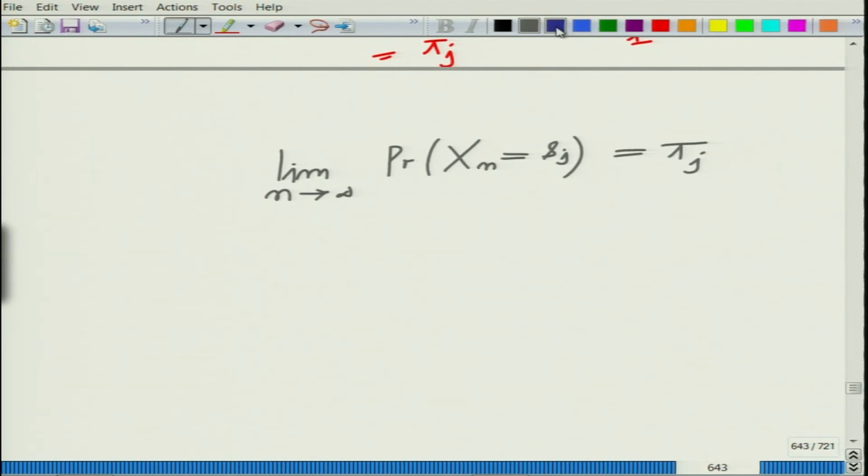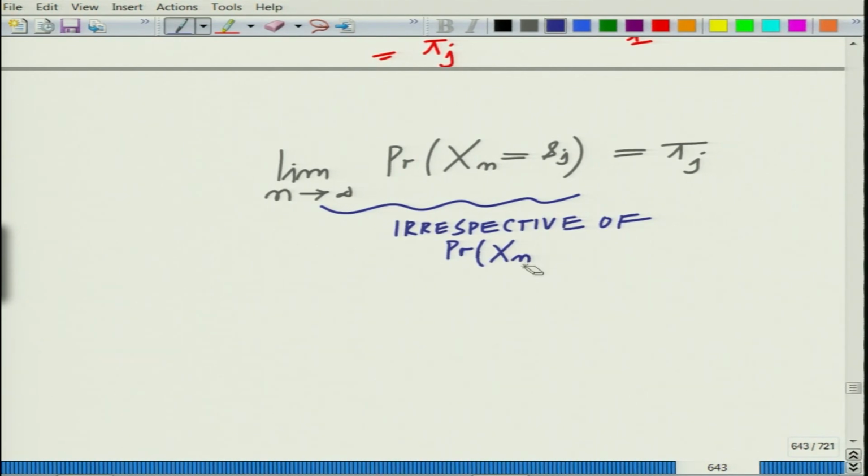So, the probability after a long duration is irrespective of the probability x naught. And the interesting thing is that this is irrespective of the initial probability distribution or mass function, the probability that x naught is in state Si.